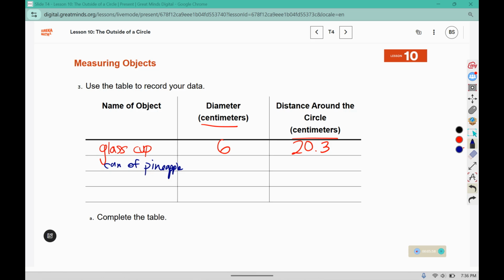And this is sitting at about 8.4 centimeters. And then to go around the outside edge of the can, this is about 26.8.